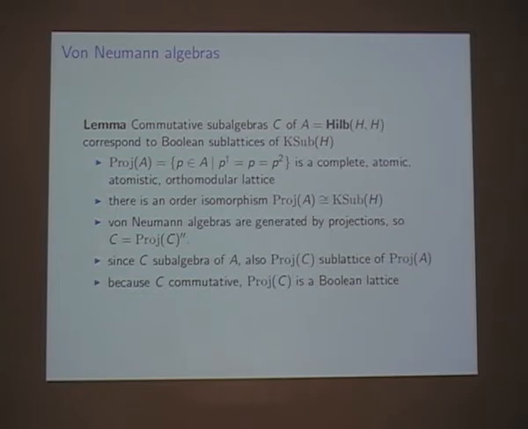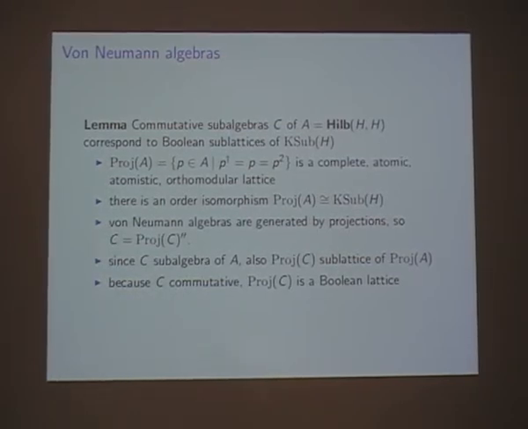And if you look at a subalgebra C of A, then of course also the projections of C are a subset of the projections of A. So that means that by the generation property, the projections of C are also a sublattice of the projections of A. And finally, you know that commutative algebras have precisely Boolean algebras for projection lattices. And the conclusion to draw from all these facts is that commutative subalgebras of a von Neumann algebra of type I always correspond to Boolean sublattices of the closed subspaces of the Hilbert space on which it's based.